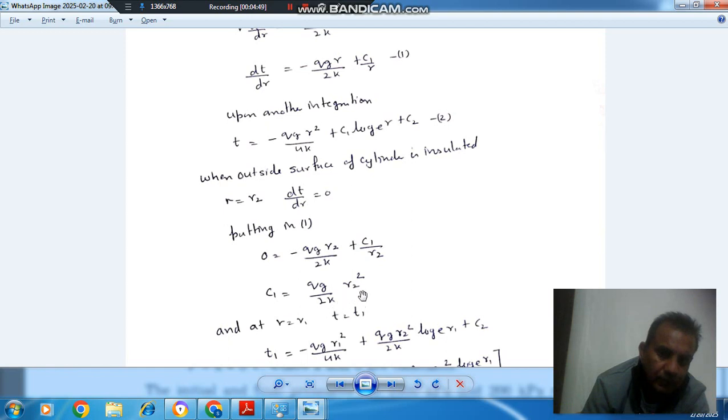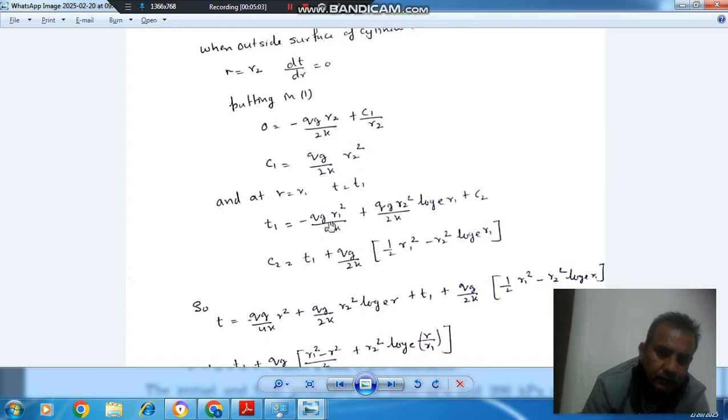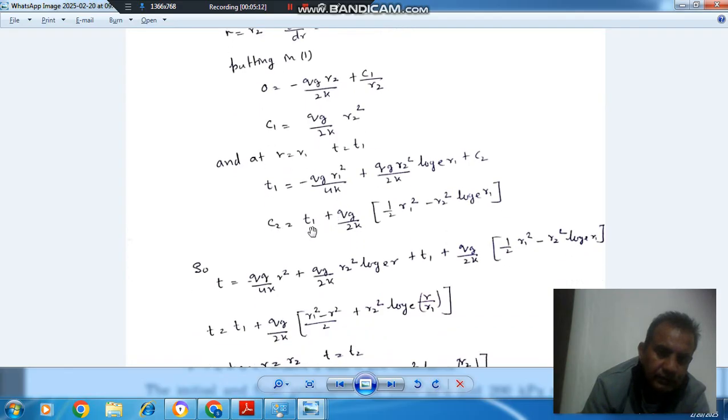Okay. And now at r equal to R1, the temperature is T1. So T1 is this, putting the value of C1, and from this we can get the value of the other constant, that is C2. So C2 is equal to T1 plus qg by 2k within bracket 1 by 2 R1 square minus R2 square log e R1.